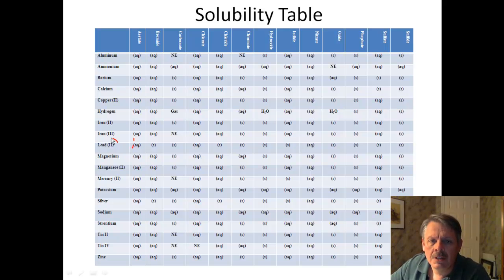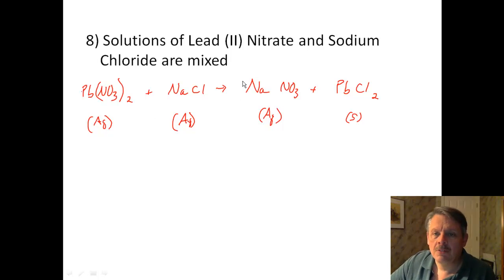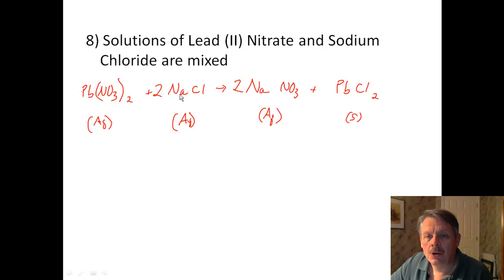There's lead 2, and we come over 6 to lead 2 chloride, and it's solid. So we do have something that's solid on the right. We have everything else that's aqueous. We have 2 nitrates, we have to put a 2 here. We have to put a 2 in front of the sodium. We then have 2 chlorines, so that all balances. We now have a balanced chemical reaction, and we are done.